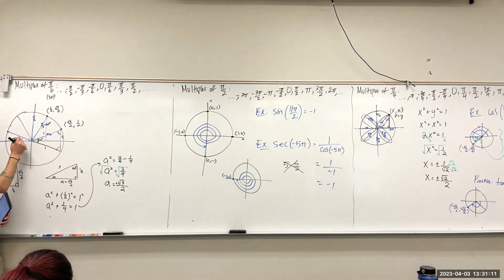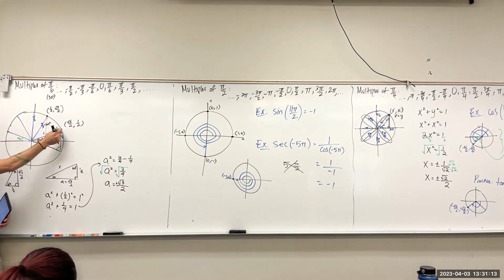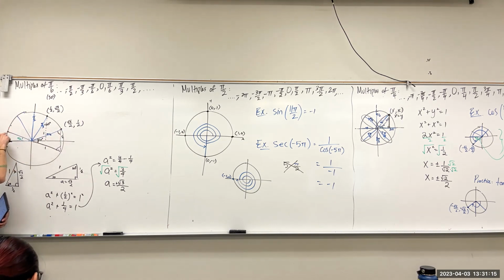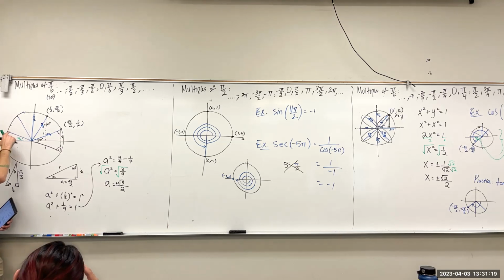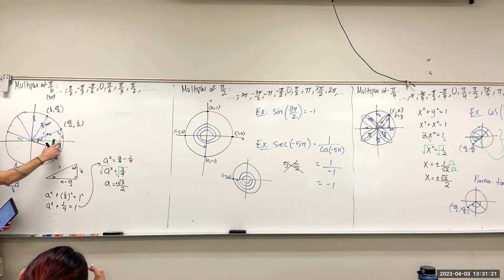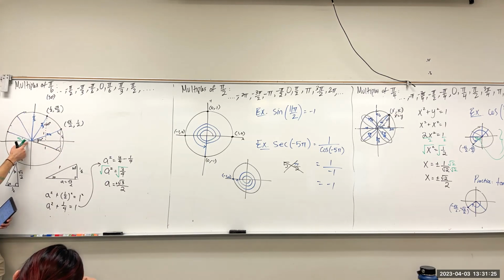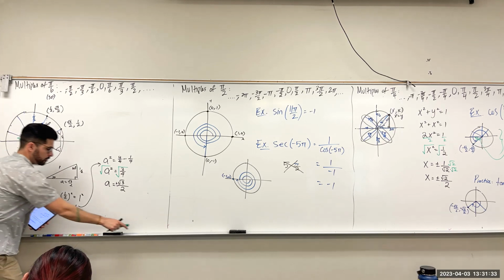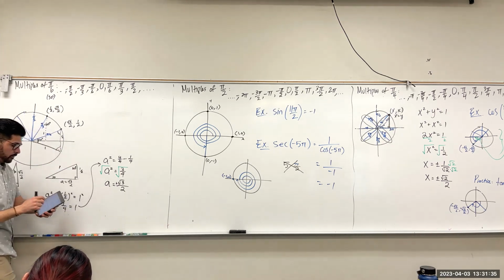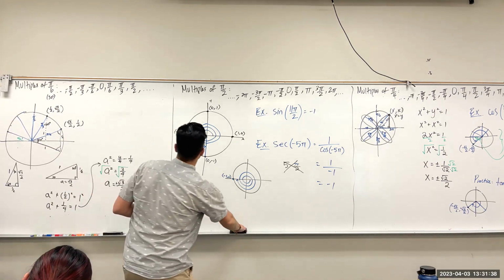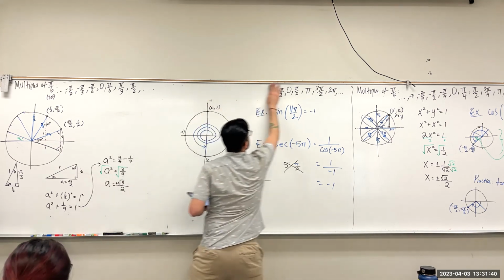It has a reference angle of pi/6. So if you go directly across, what would be the coordinates at this point? It should be the same x distance and the same y distance. It's just this time x is going to be negative. Well, what about y? Still the same. Okay. I'm running out of room, so I'm gonna have to erase this one.